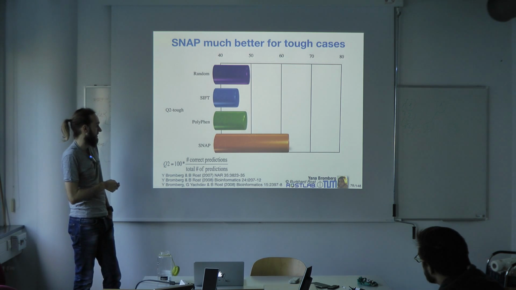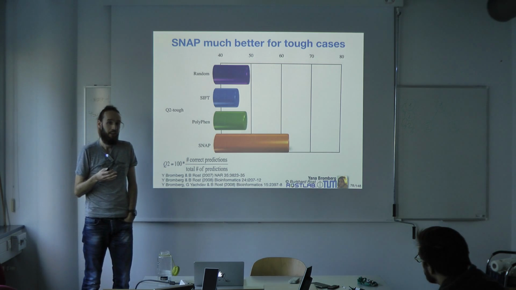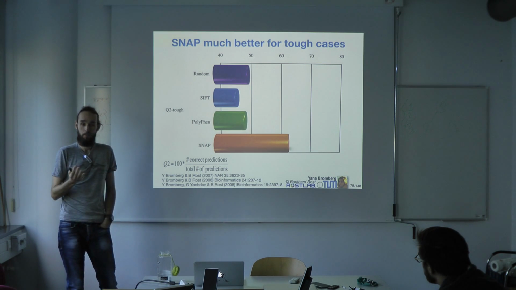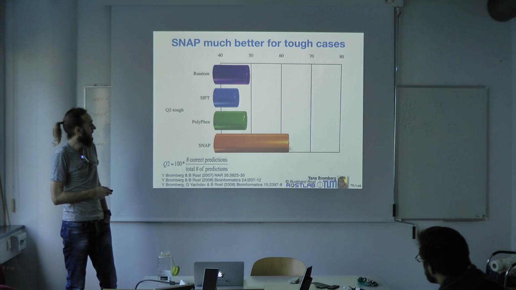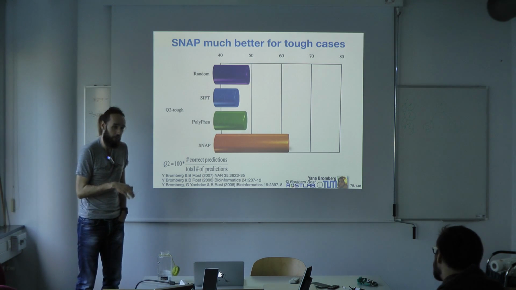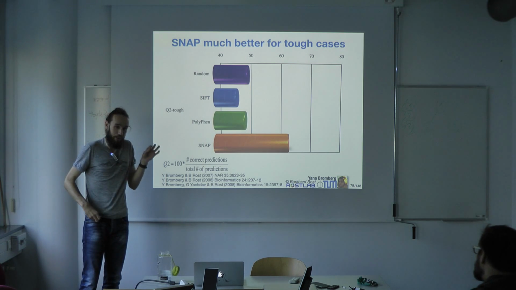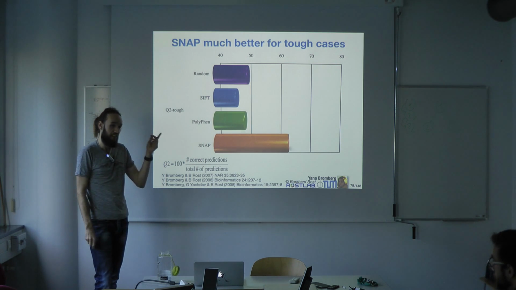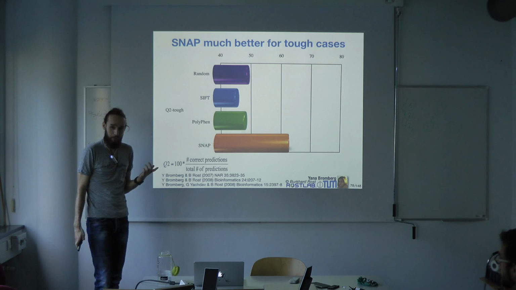First of all, there is an estimate of what the performance of a random predictor would be. And you can see that SIFT and PolyPhen are now actually worse than the random predictor. That is being unfair, because we took out exactly those variants which we believe were easy for them.